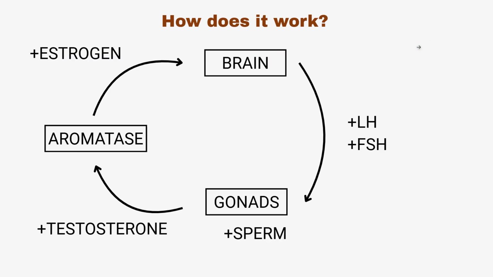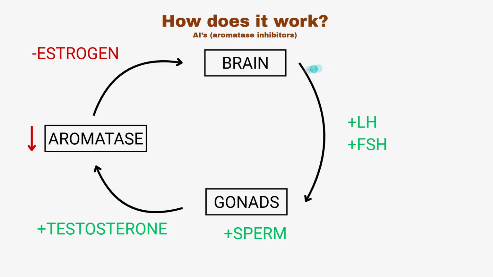So the first thing I'm going to explain is how the negative feedback loop changes on aromatase inhibitors, and that's going to look a bit like this. The aromatase enzyme is obviously not working as well, which is going to lead to a decrease in estrogen.